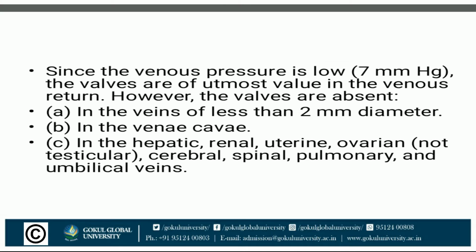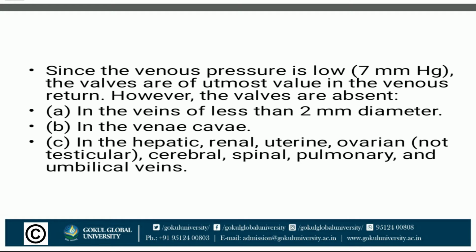Cerebral, spinal, pulmonary, and umbilical veins also lack them. In short, in the hepatic, renal, uterine, ovarian, cerebral, spinal, pulmonary, and umbilical veins, there will be absence of the valve.